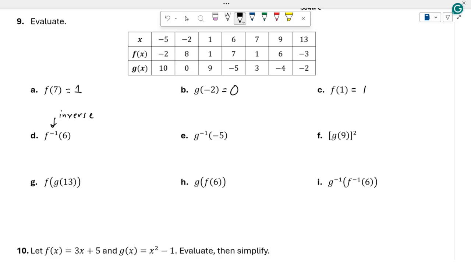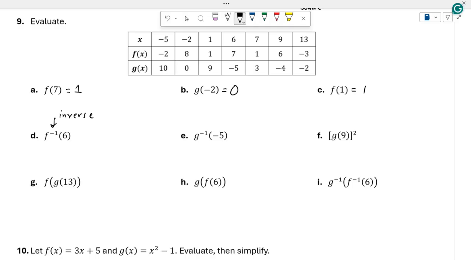With an inverse function, you swap your outputs and your inputs. So your x's become y's and your y's become x's. Your outputs become inputs, and your inputs become outputs. So what 9d is asking is basically to go backwards: what is the input that, if you were to plug it into f, you would get a 6?